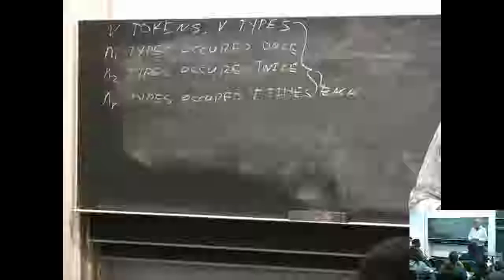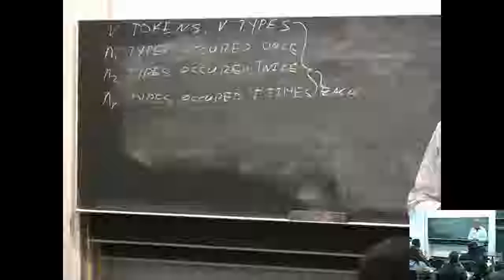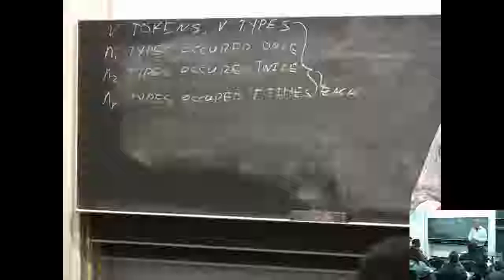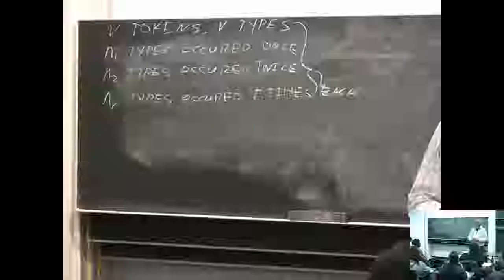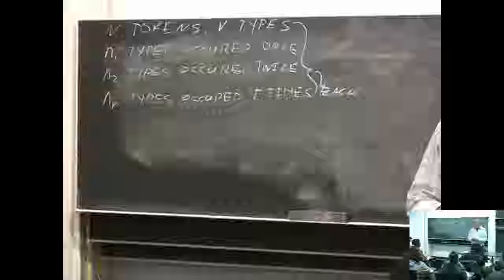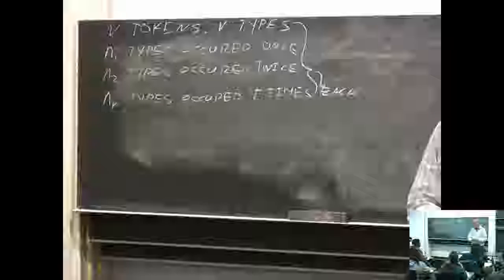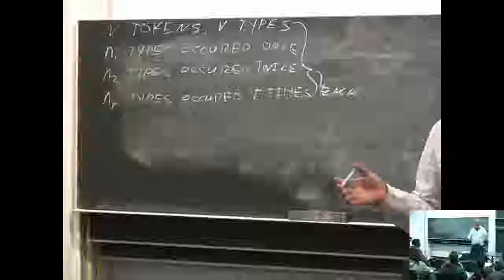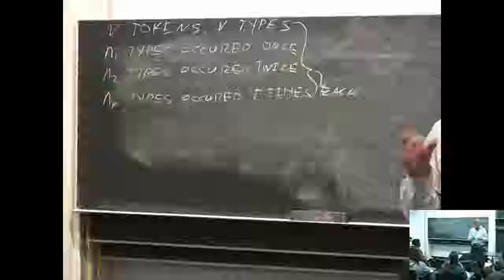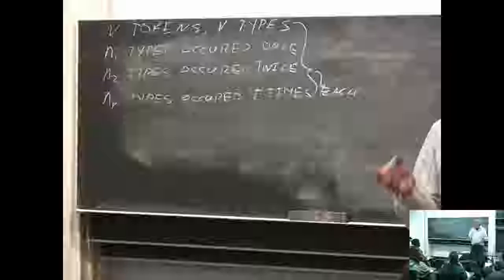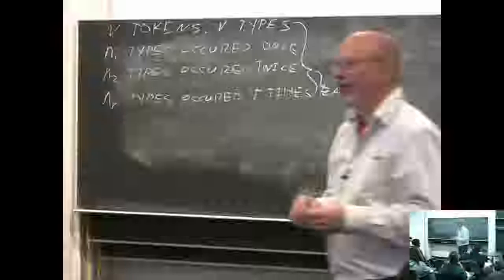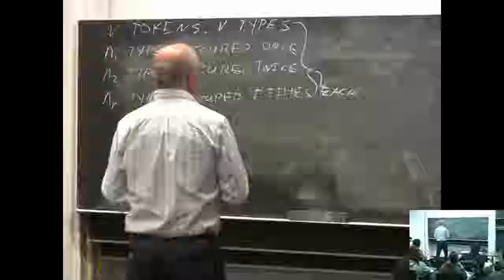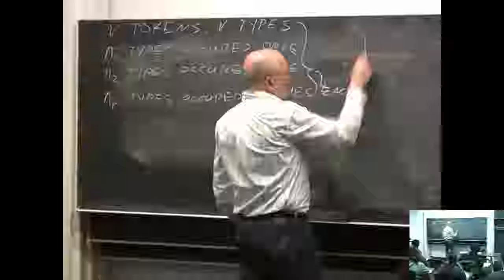And of those 50,000, those that occurred only once were a significant fraction. I don't remember, it was 20 or 30, maybe 30,000, 35,000. A large fraction of word types occur only once. And of the remaining, a large fraction occur only twice. And of the remaining, a large fraction occur only 3 times. So it's a very, very heavy tail distribution. And we can draw it like this here.